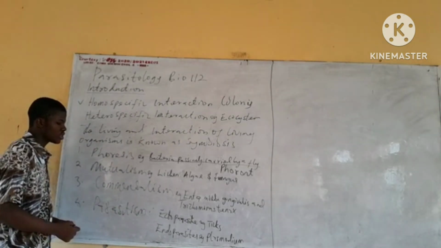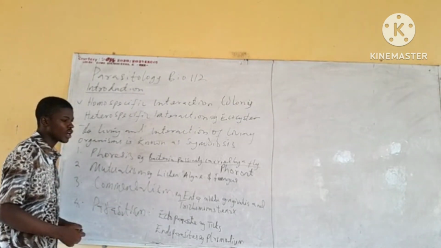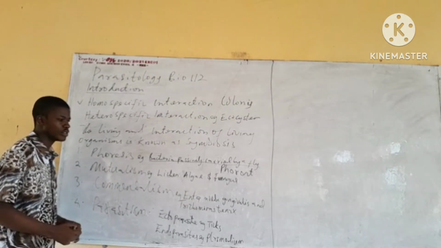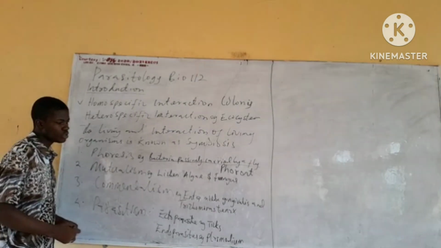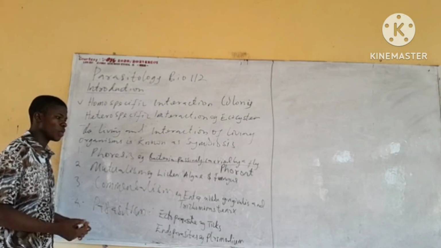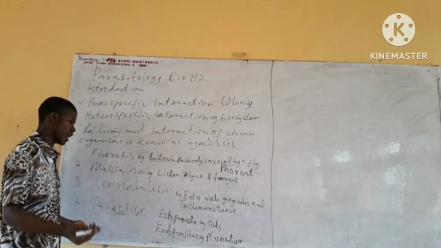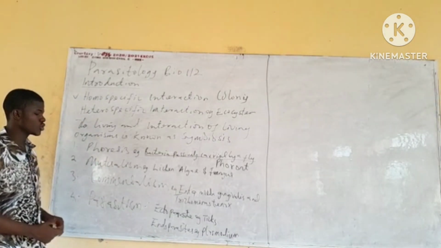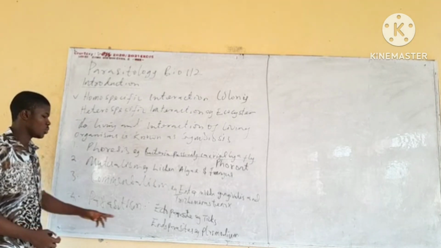Another example of commensalism is the remora fish. They have an adhesive-like fin with which it attaches itself to maybe a shark or a submarine and gets a free ride.